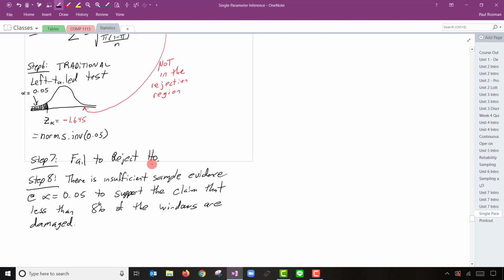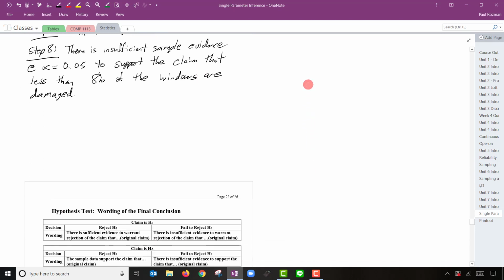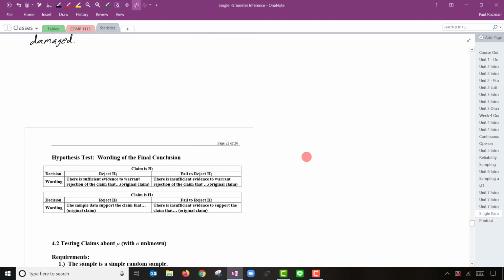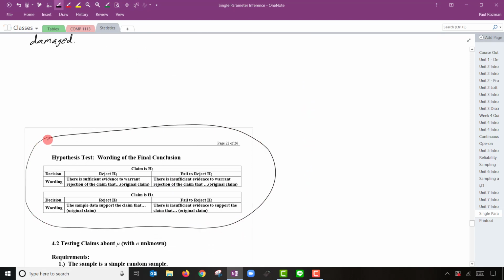This is a complicated thing, the wording of the final answer. I thought I would help you out, and I made a little chart to help with the wording of the conclusion. Basically, in the example that we just did, our claim was the alternate hypothesis because it didn't have an equal sign in it.